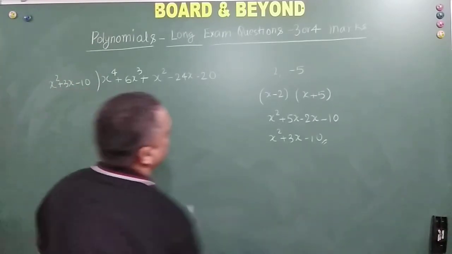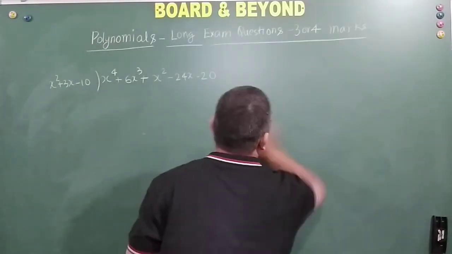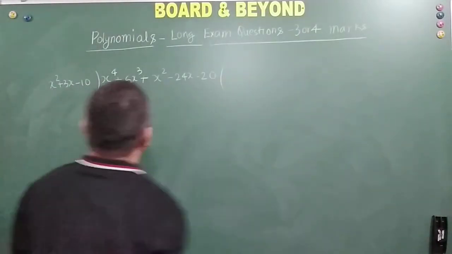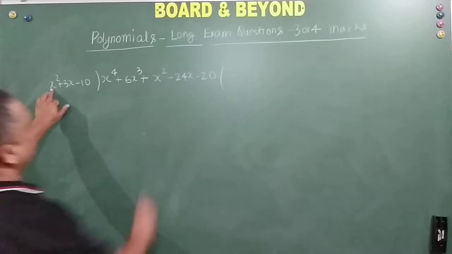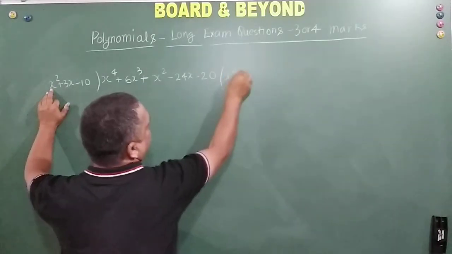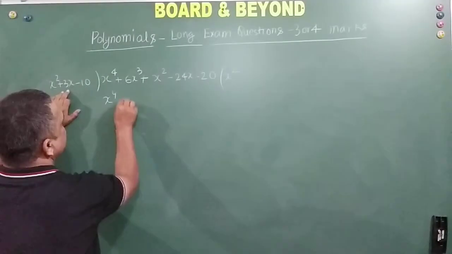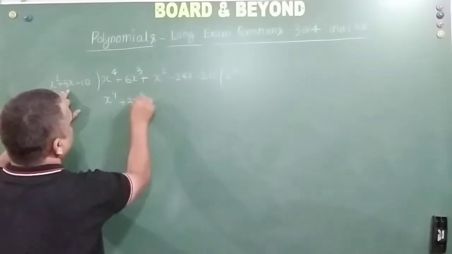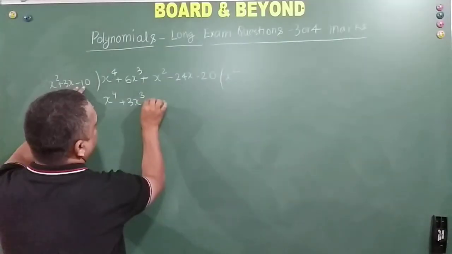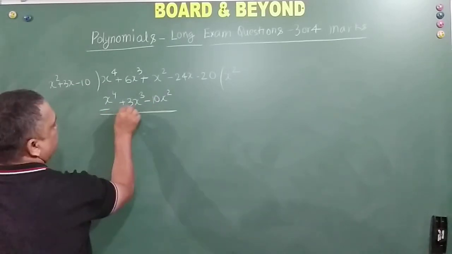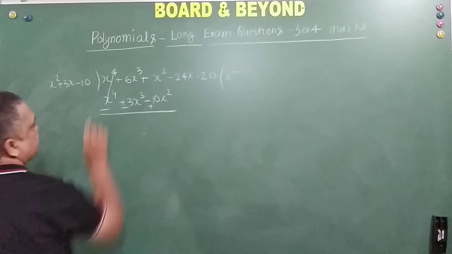Now I will basically rub off the other things and proceed to division. So x square is enough here for me. So this becomes x power 4 plus 3x cube minus 10x square, minus plus, this gets cancelled.